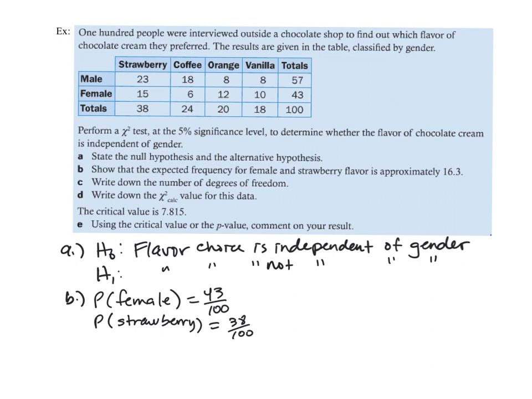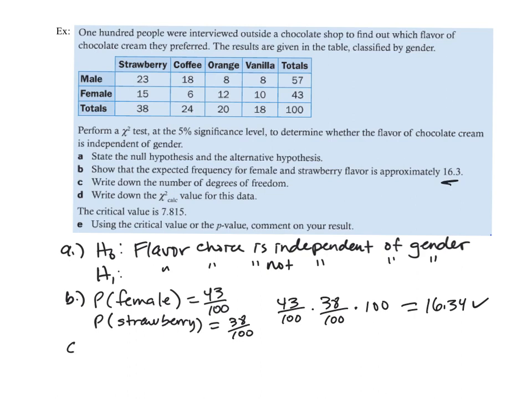So to find that expected frequency, we multiply those, 43 over 100 times 38 over 100, multiplied by the number of people, 100 participants, and that turns out to be 16.34. So yes, that does agree with the fact that expected frequency is about 16 people.